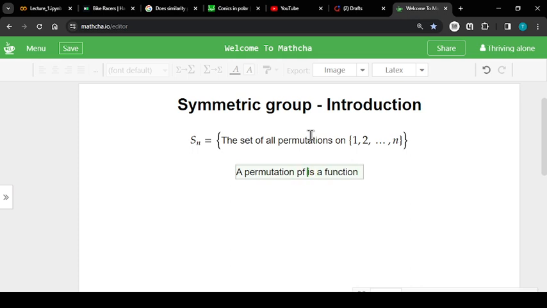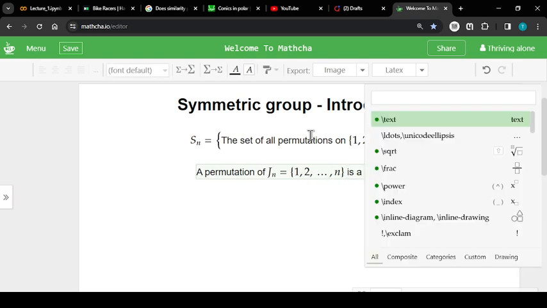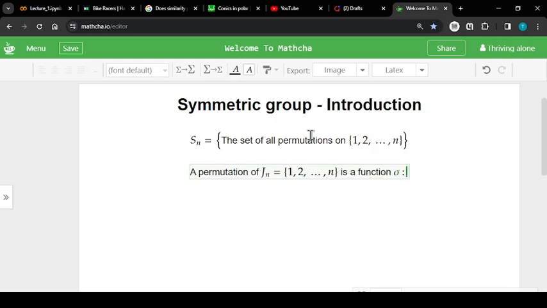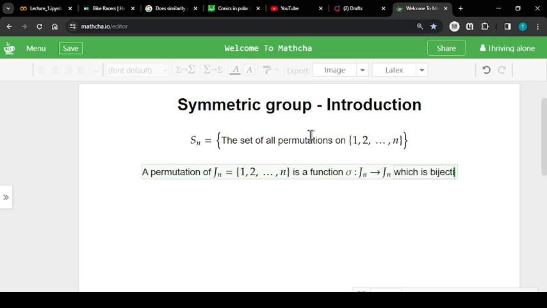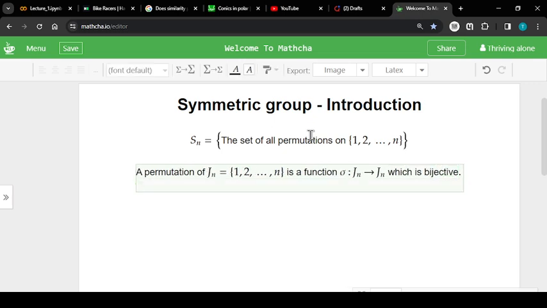A permutation of the set J_n, as this set 1 through n is often called in analysis, is a function, usually denoted by the letter sigma, from J_n to J_n which is bijective. That is, you have a one-to-one correspondence from J_n to J_n.